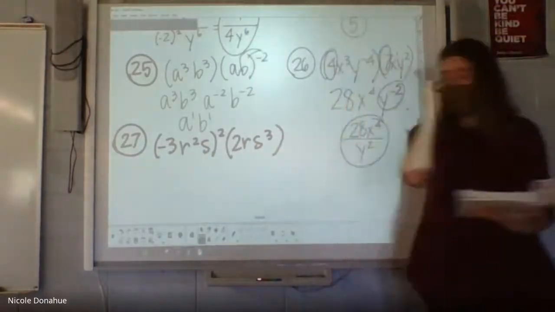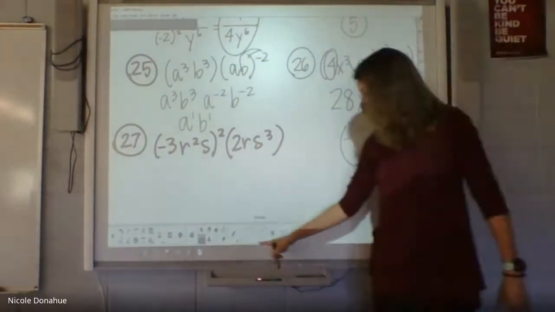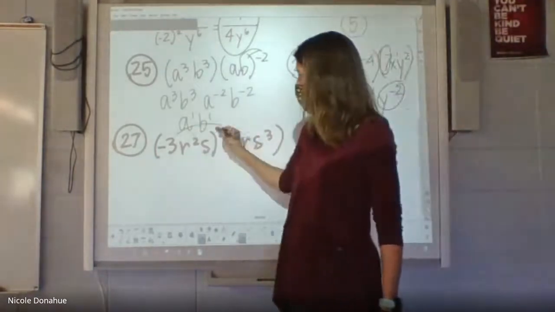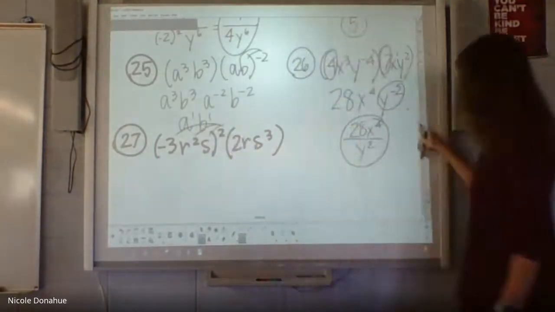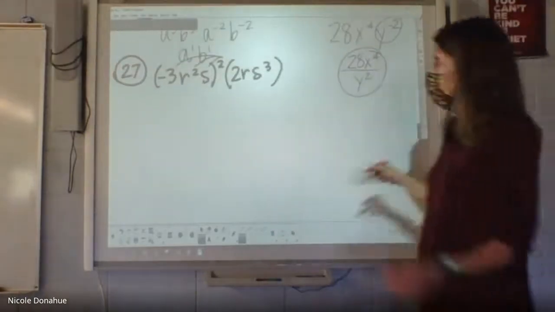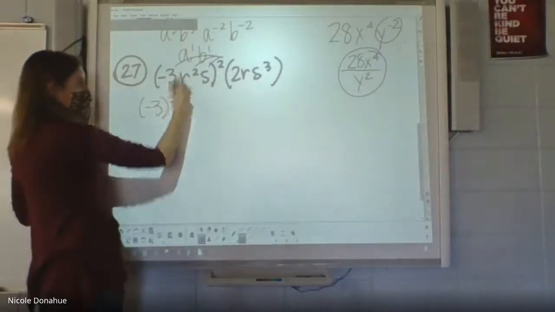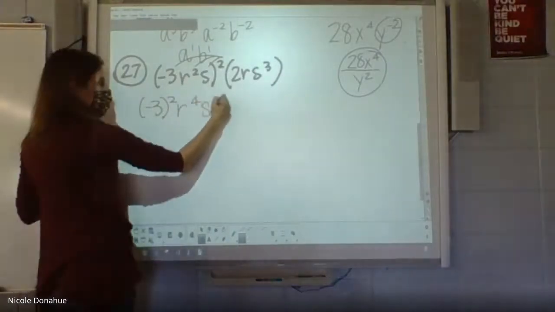Okay. So 27, I have to distribute that second power in. So distributing that second power in, so negative 3 to the second, r to the fourth, s to the second.